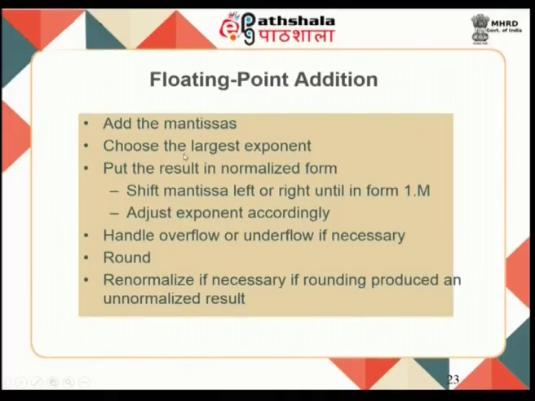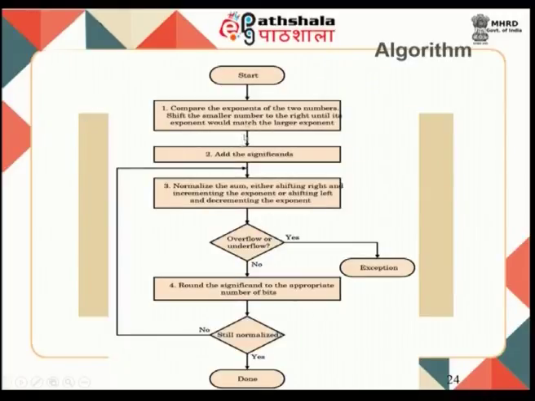So, as usual, however you do a decimal floating point addition, equalize the exponents by shifting, add the mantissas, then tentatively fix the exponent of the result, and then do your normalization and rounding off operations. Now, this is the algorithm that I discussed earlier.